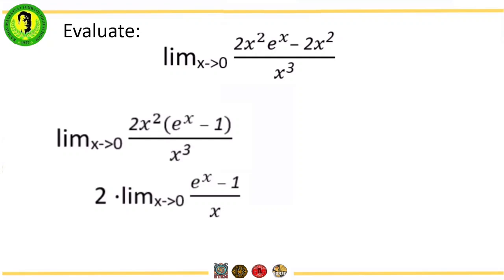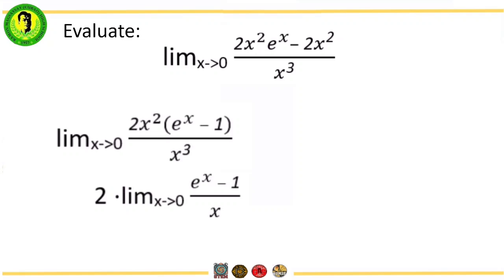Then we will be left with the constant 2. I put it in the front because of the properties of limits: if you have a constant, you can put it in front of the limit, right? And we will be left with e raised to x minus 1 all over x.